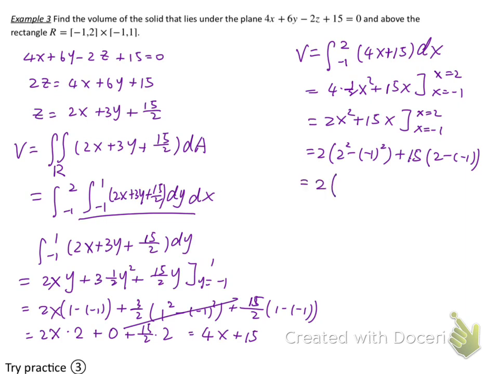So that is 2 times 3 plus 15 times 3, which is 6 plus 45, and that gives me 51. So the volume of the solid that lies under the plane 4x plus 6y minus 2z plus 15 equals 0 and above the rectangle x between negative 1 and 2, y between negative 1 and 1, is 51.